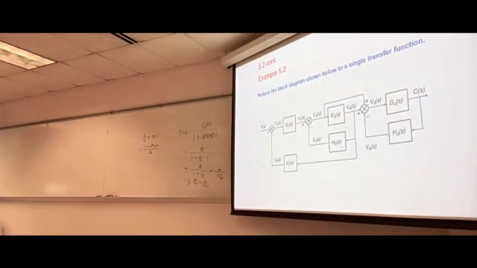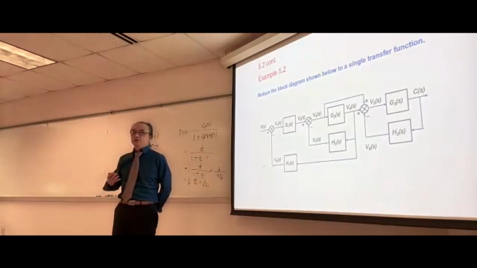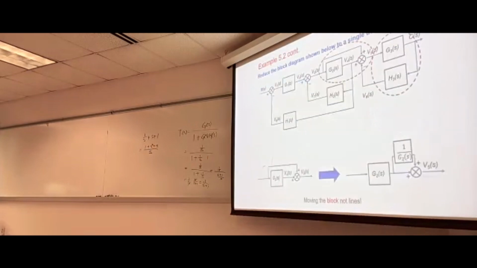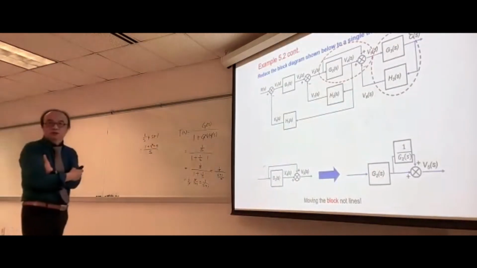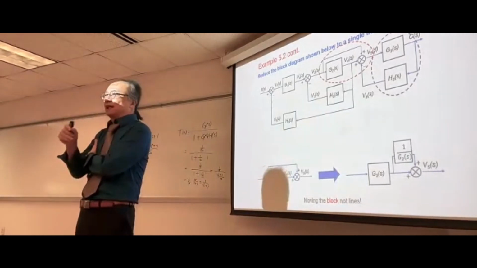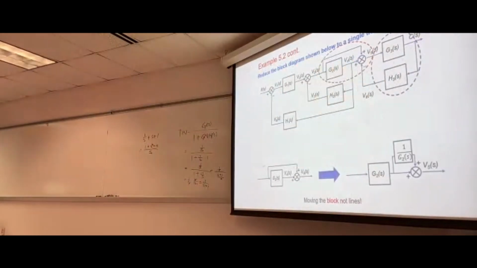Next, this is a little bit more. So by looking at this, what do we do? Any suggestion? Great. That's the feedback, so we can combine those two. So here's another thing. I want you to write this down in your notes. For chapter 5, we are not moving lines. We are moving boxes. Don't ever try to move any lines.